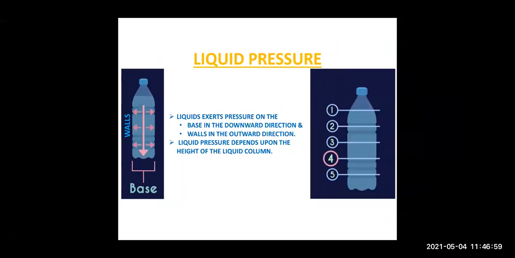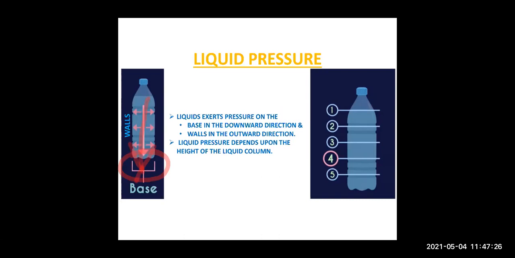Now children, the liquids exert pressure at the base of the container, that is in the downward direction. That is the liquid inside it. Suppose it is water, so the water inside the bottle is going to exert a pressure in the downward direction, that is at the base of the bottle.